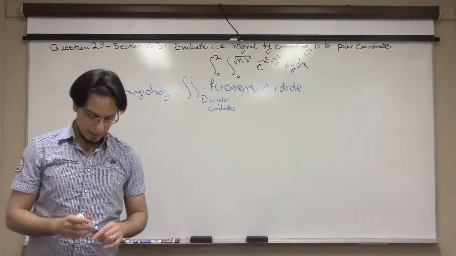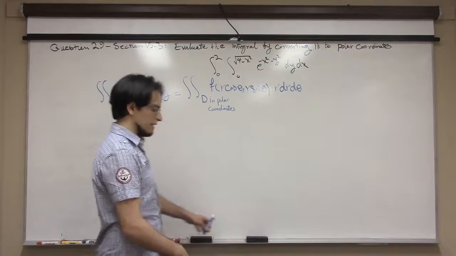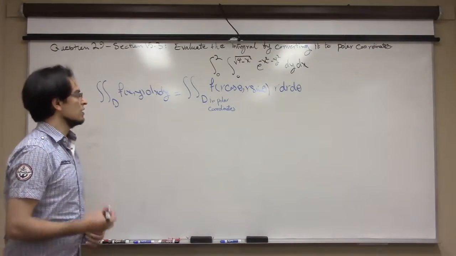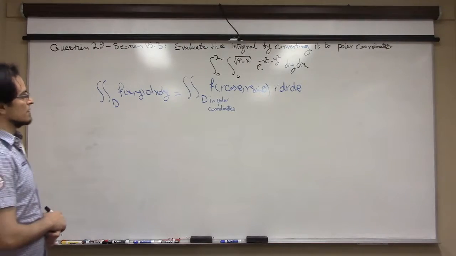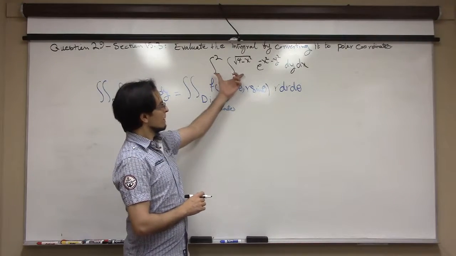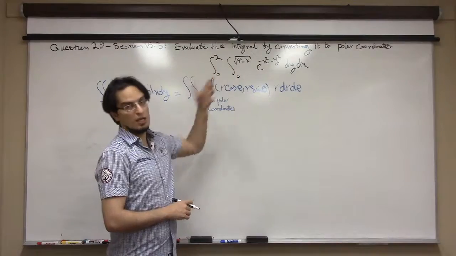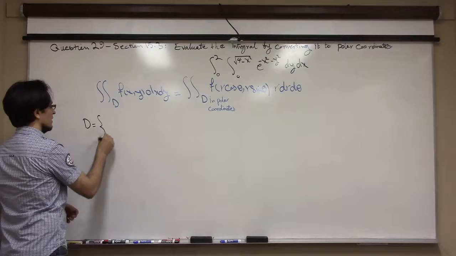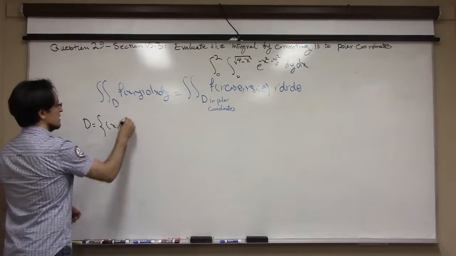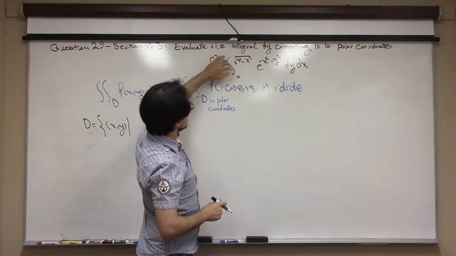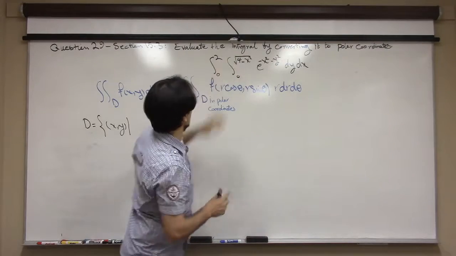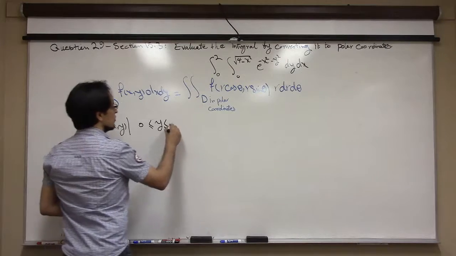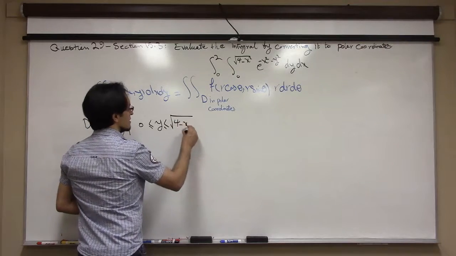Okay, those three steps we have to do first, and then when we are in polar coordinates, try to evaluate that iterated integral. So for us, the first step starts with writing our region in polar coordinates. Let's see what that region is. It says it is all x and y such that y goes from 0 to root 4 minus x squared.